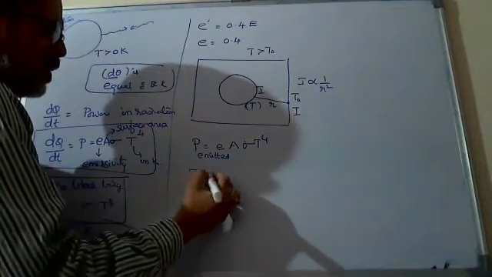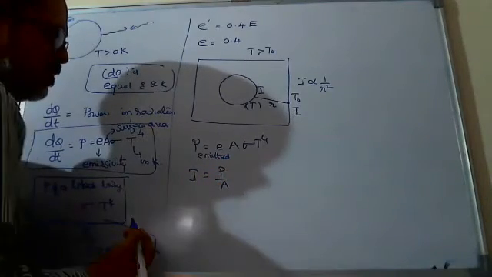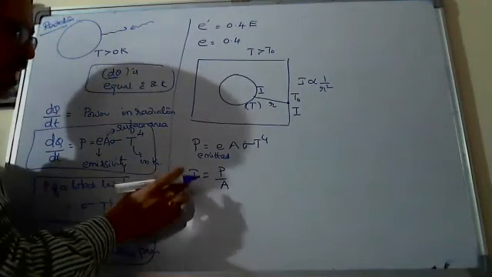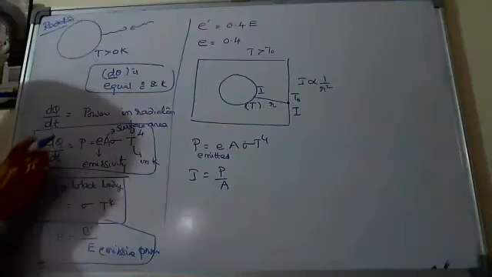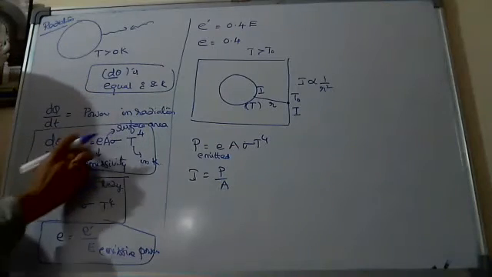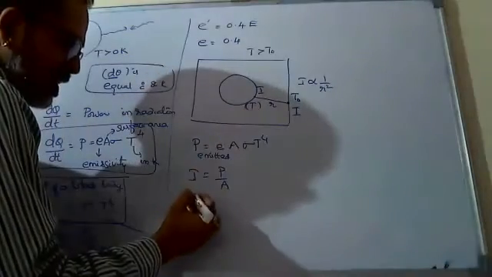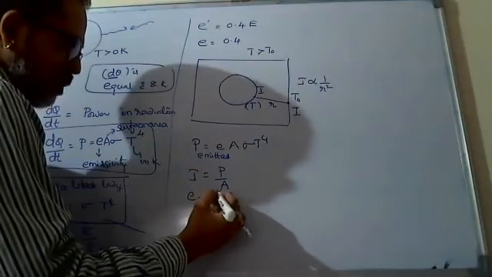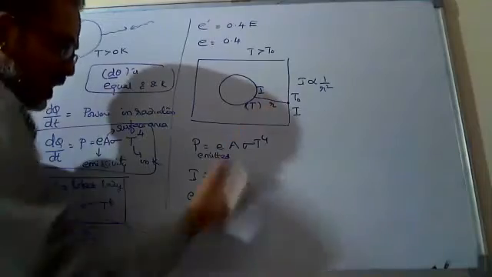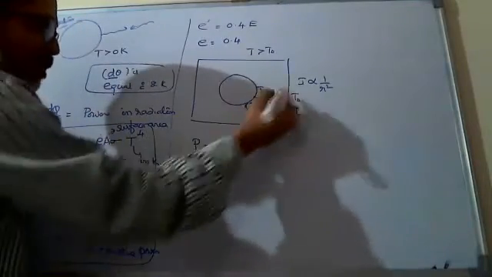Intensity is nothing but power by area. So that intensity means you will get E sigma T power 4, that is T naught power 4, given by this body.